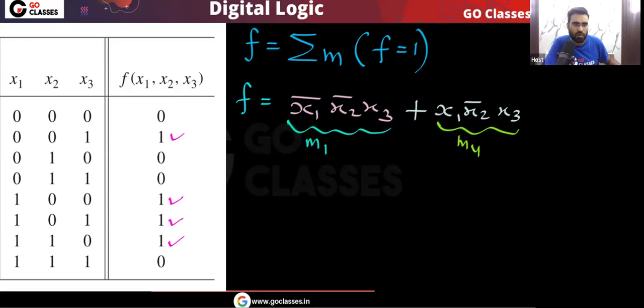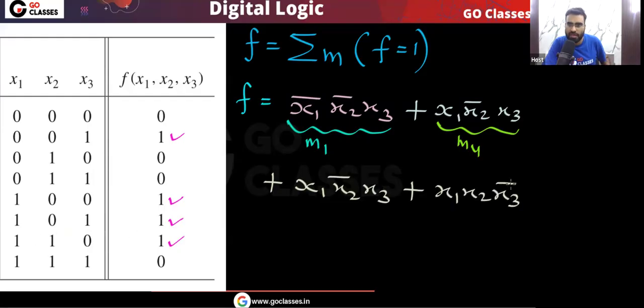Remember, it is a summation of all the minterms where function value is 1. Which minterm is this? This is x1, x2 bar, x3. Or which minterm is this? This is x1, x2, x3 bar. Is this clear? So you can see this is our minterm 5 and this is our minterm 6.